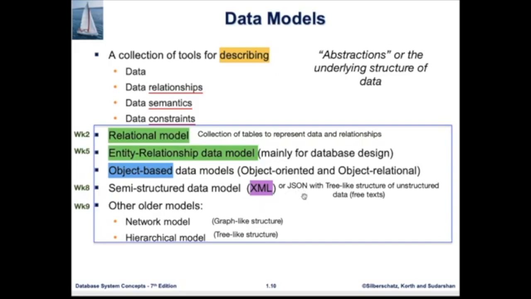So, ito yung mga may certain structure, pero inside the particular parang segment of that structure, it can be unstructured. So I call it tree-like structure of unstructured data, or could be free texts.